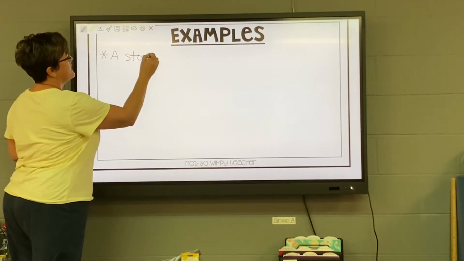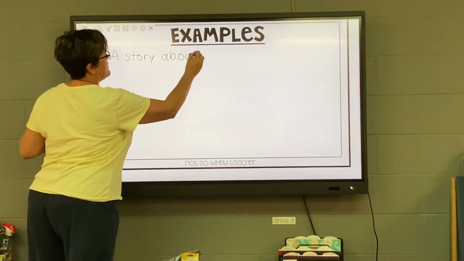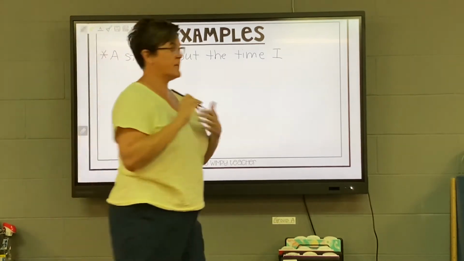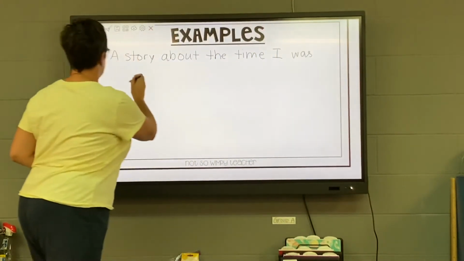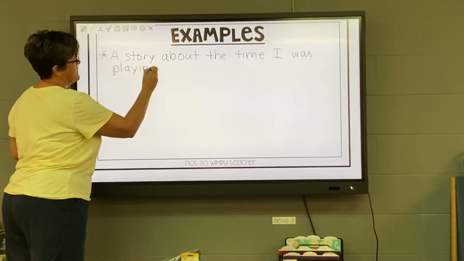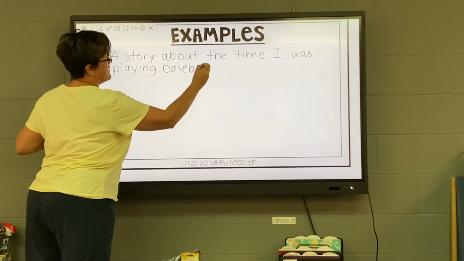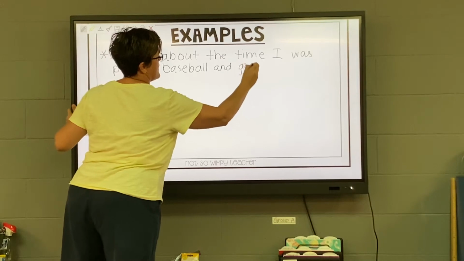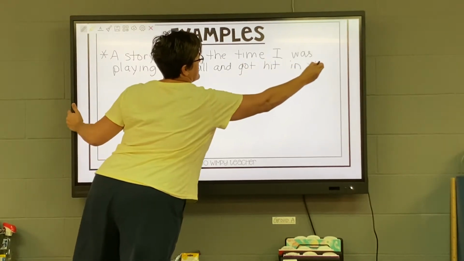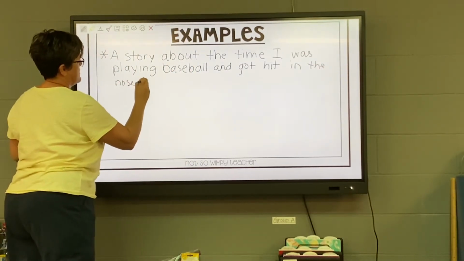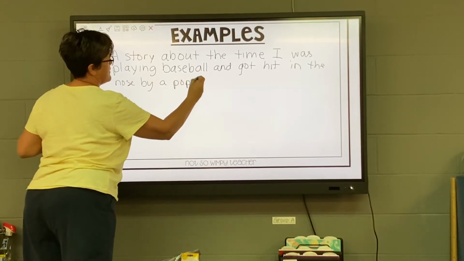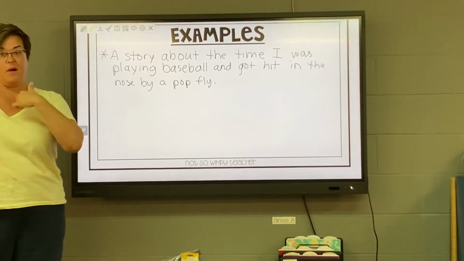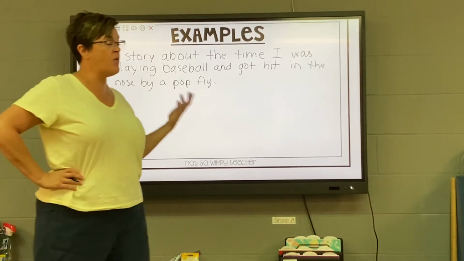A story about the time, talking about me, I was playing baseball and got hit in the nose by a pop fly. Okay, so there's an example of a personal narrative I could write about myself, something that happened to me, so I know all the events about it.